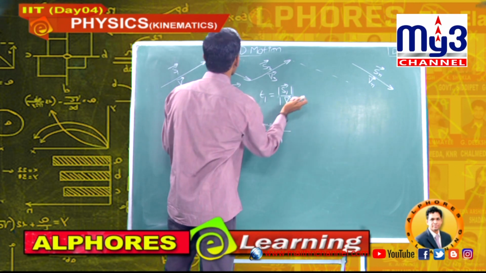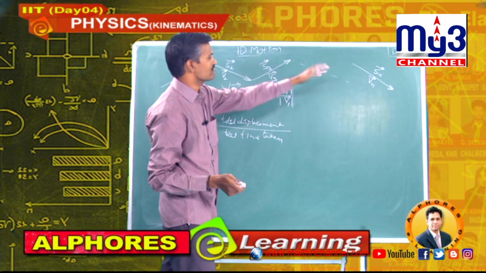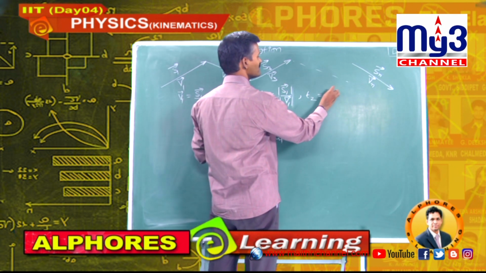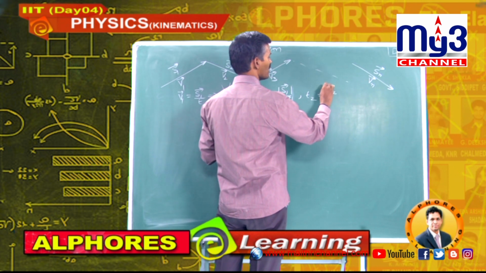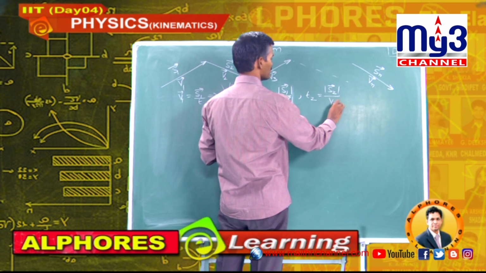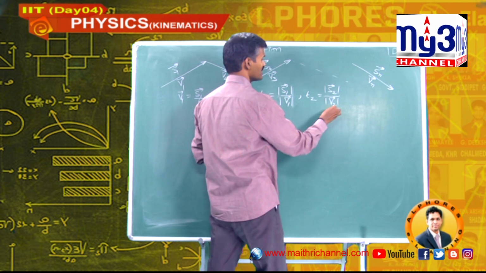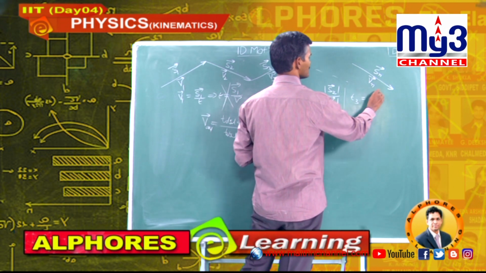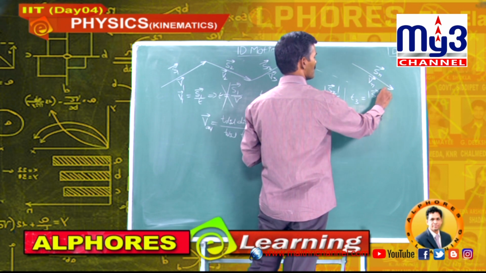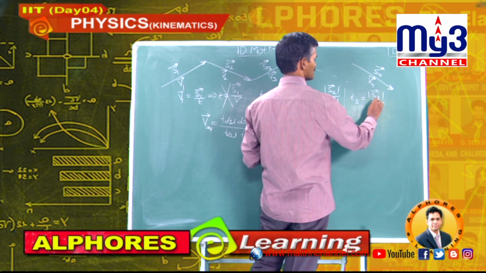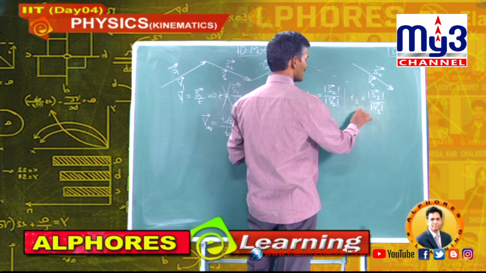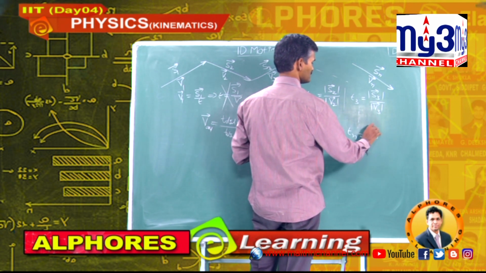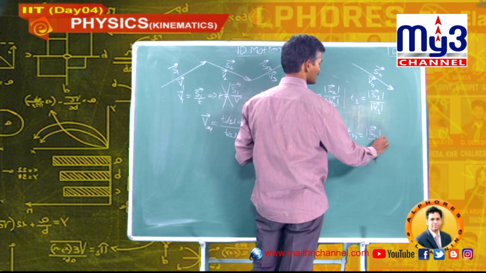Similarly, I can calculate the time for different intervals. T2 is given by mod S2 bar by mod V2 bar. Similarly, T3 is mod S3 bar by mod V3 bar. And so on, Tn is given by mod Sn bar by mod Vn bar.